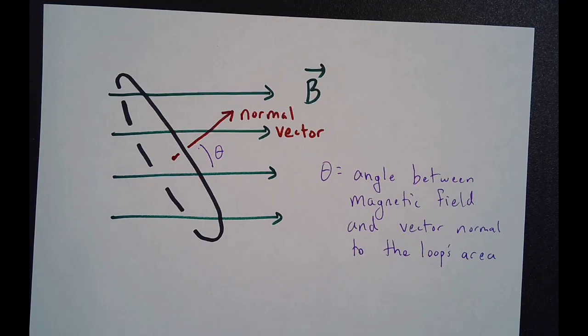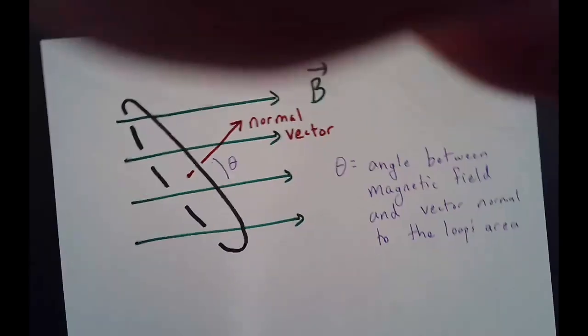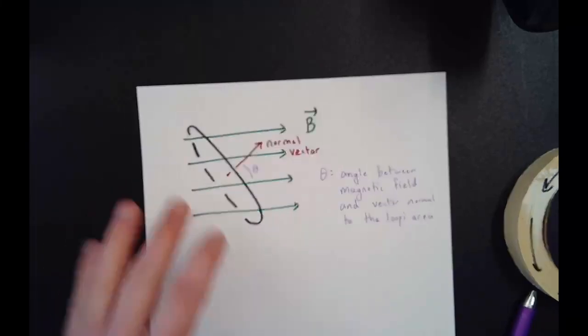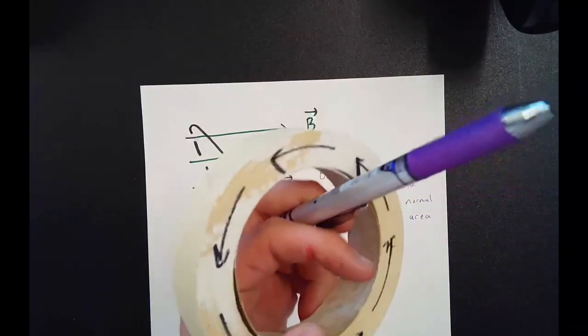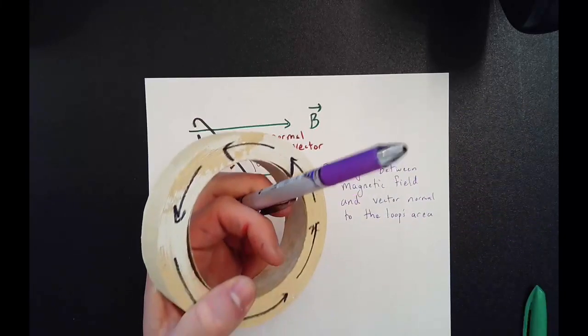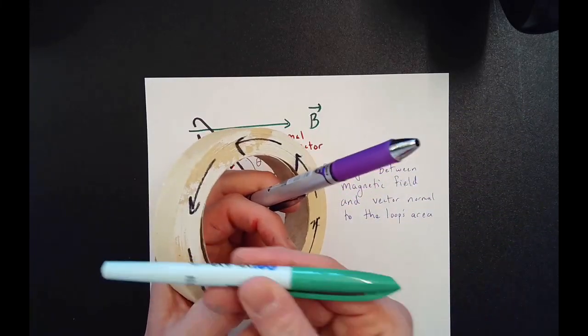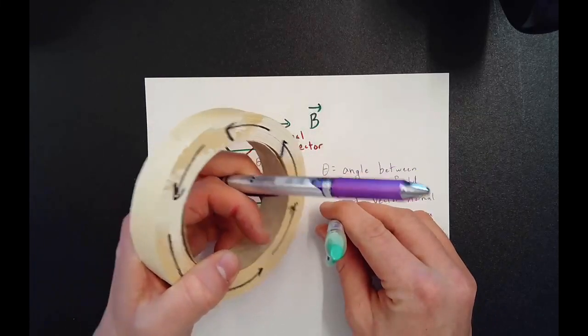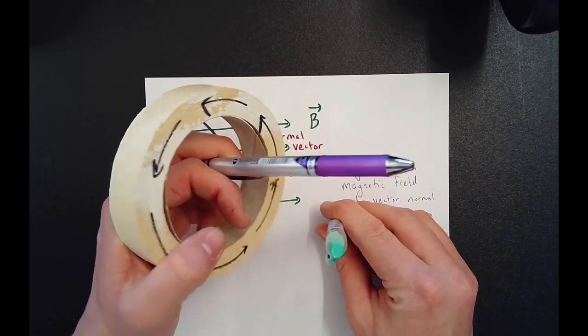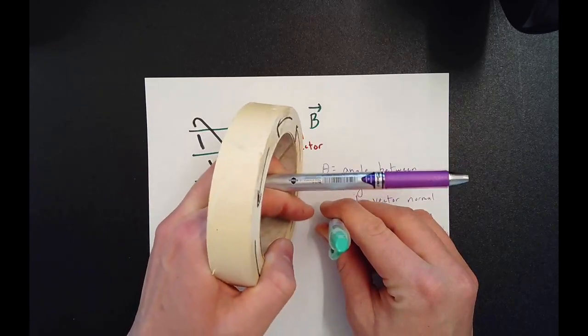3D model again before we answer. Here's the loop. Here's a normal vector to that loop. Here is a field coming toward you. There's a field through that loop. If we want that to happen, should the normal vector be perpendicular to the field? Will it flow through that way? Do we want the normal vector to be parallel?